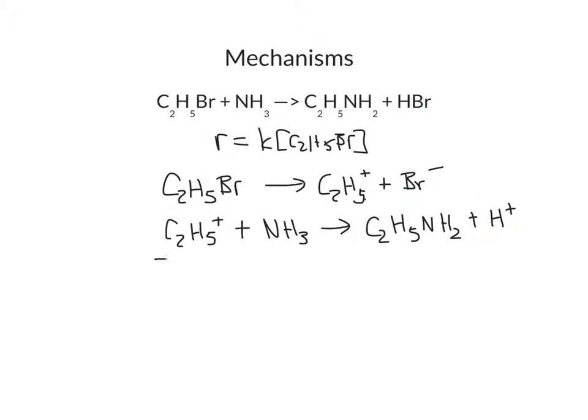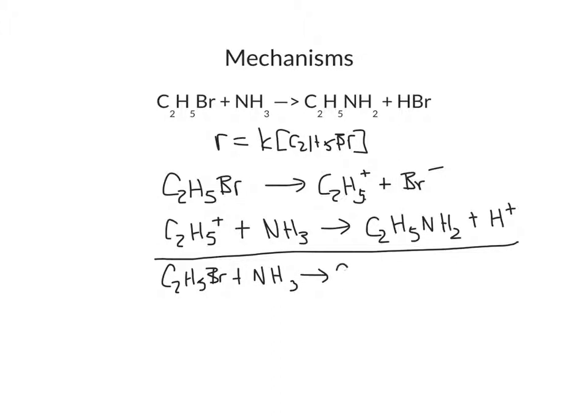Notice that these two reactions add up to give us the overall reaction as written above, and that the intermediate that is formed in the first reaction gets used up in the second reaction.